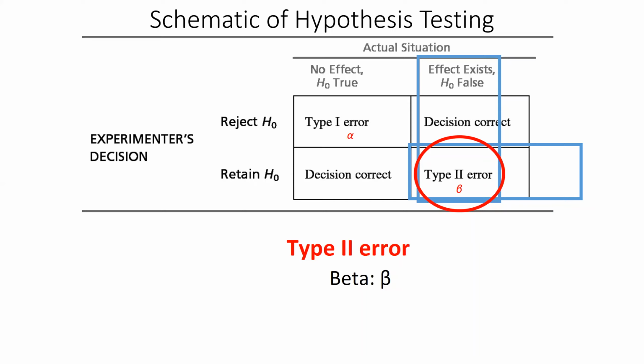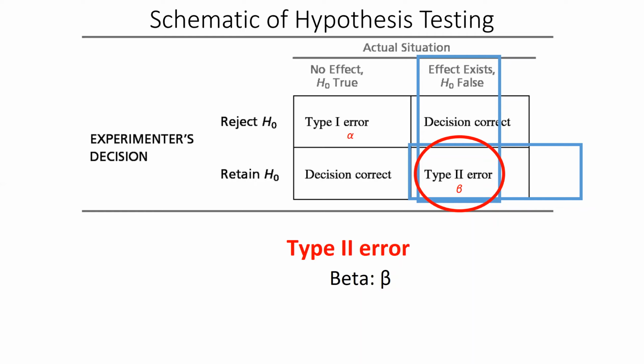Mu1 does not equal mu2, but the experimenter, based on their data, fails to reject the null hypothesis. The null hypothesis should be, in essence, at the hypothetical level, rejected, but the experimenter's data doesn't represent that sufficiently well, and the experimenter retains the null hypothesis.